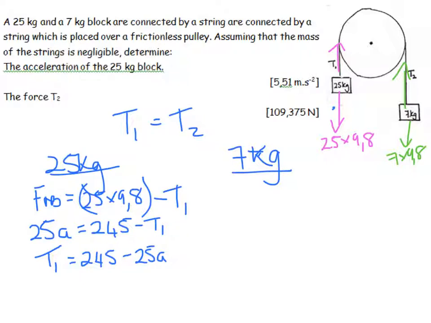Looking at the 7 kilogram block, force resultant is equal to the big force. And remember here, this is moving upwards, so the big force is going to be tension, minus the small force, which is going to be the weight, and that's 68.6. And force resultant is 7 times the acceleration of the system. Now notice the difference between the acceleration of the system and when I'm calculating weight.